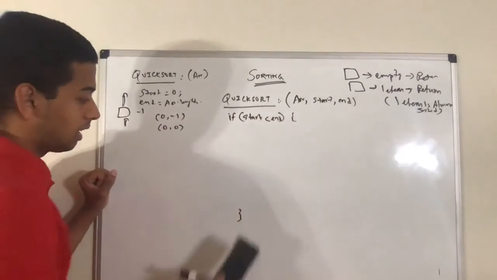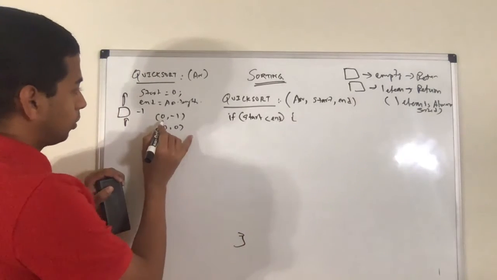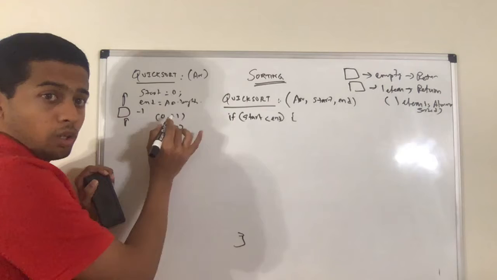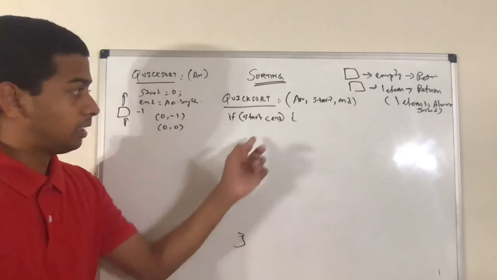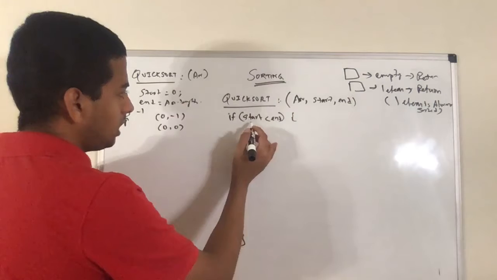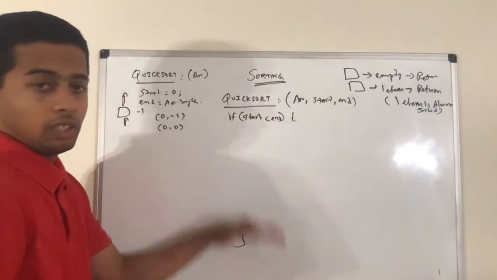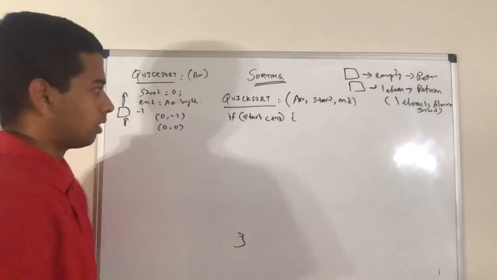What does start less than end mean? If there is 0 here, the value should be greater than 0, means 1 or 2 or something like that. That means there are at least 2 elements in the array. So if start is less than end, then do the quicksort logic. Otherwise, return the original array because it will always be sorted.